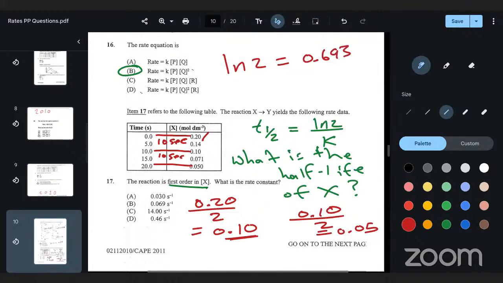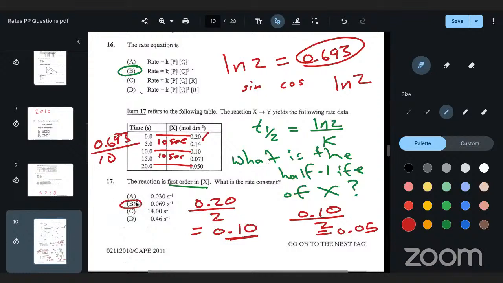So for persons watching, ln2, just like you have sine and cos, there's a button on your calculator that marks ln. So you would press ln and then 2. Or you can just memorize it, ln2 is 0.693. So in our working out, 0.693 divided by 10 seconds, and you would get 0.069.